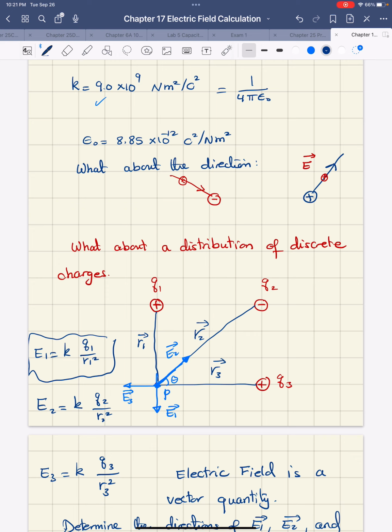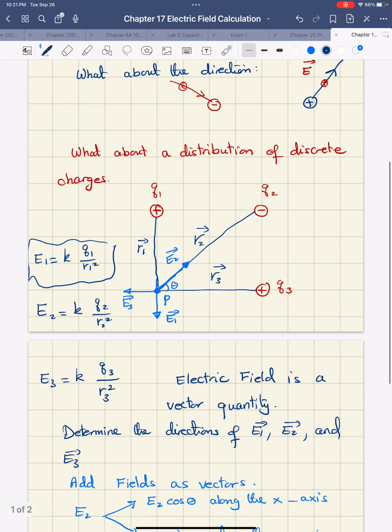We also find the magnitude of E2, which is K Q2 over R2 squared. And finally, E3 is going to be K Q3 over R3 squared.